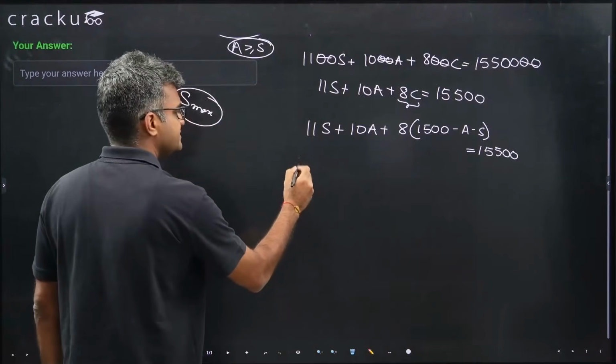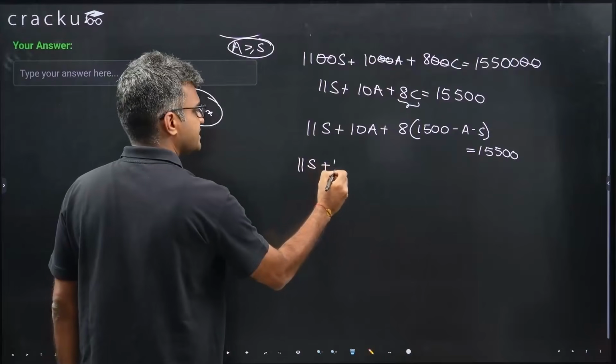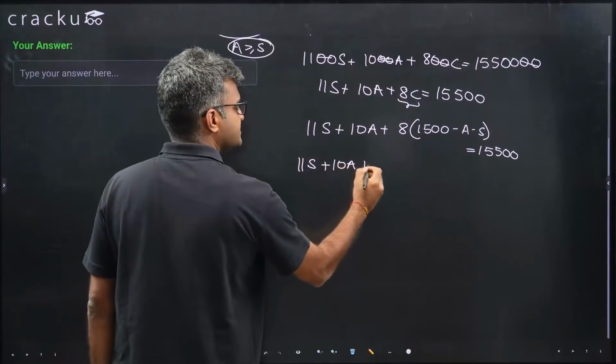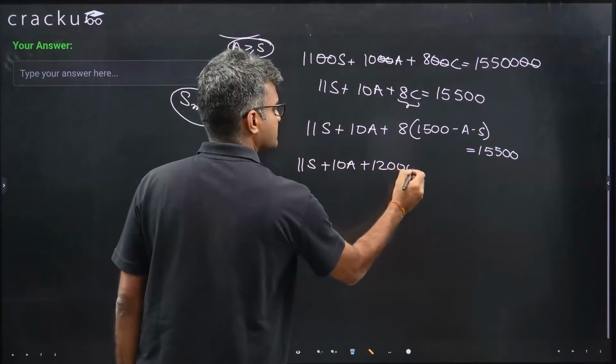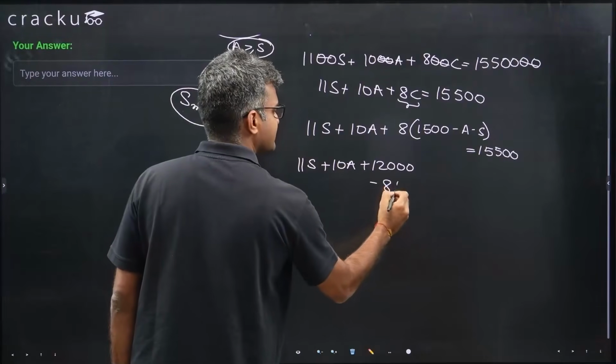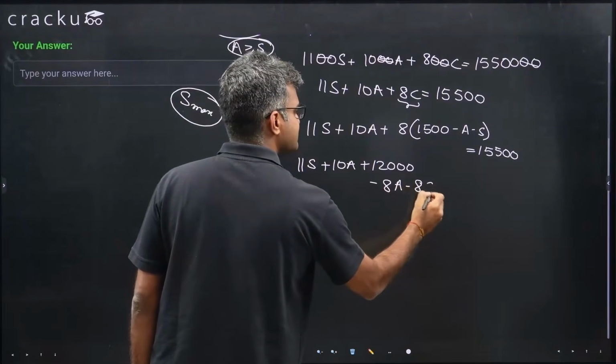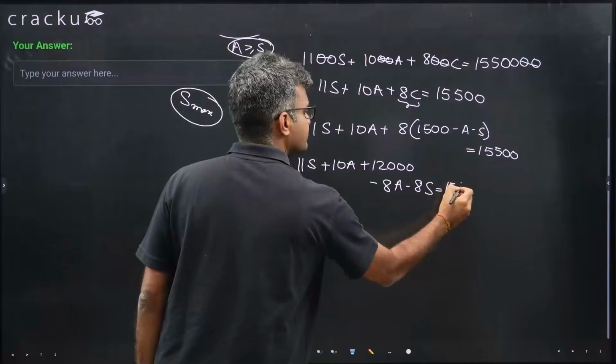This will be 11S plus 10A plus 12,000 minus 8A minus 8S is equal to 15,500.